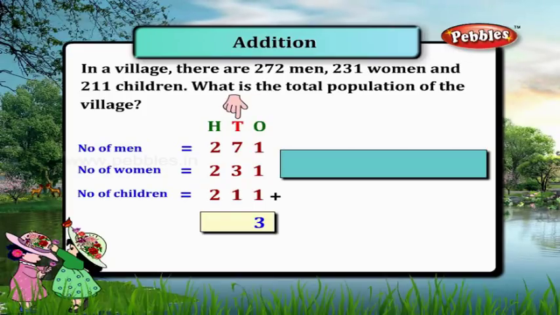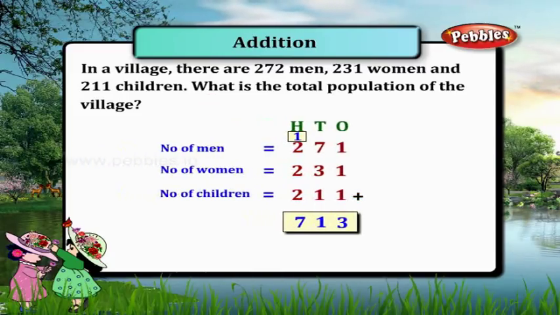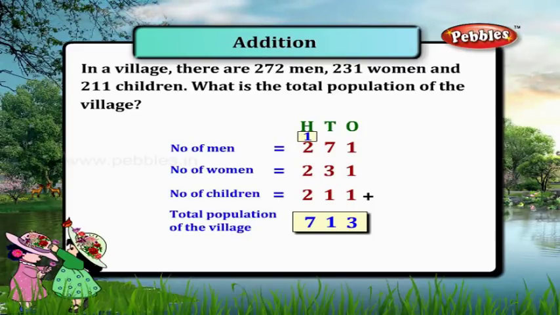Add the tens. 7 plus 3 plus 1 equal to 11. Write 1 in the tens column and carry over 1 to the hundreds column. Add the hundreds. 1 plus 2 plus 2 plus 2, and that is equal to 7. So, the total population of the village is equal to 713.